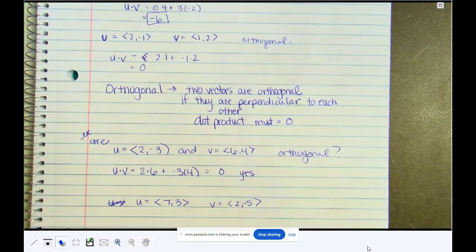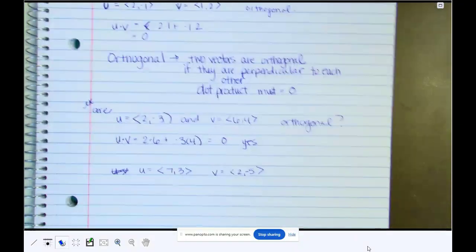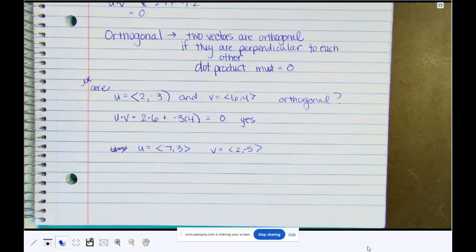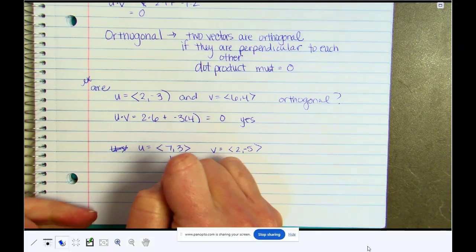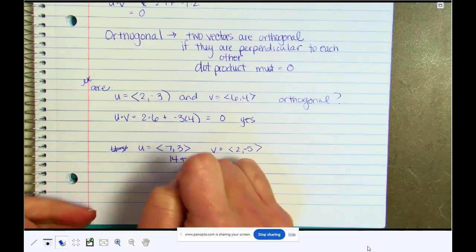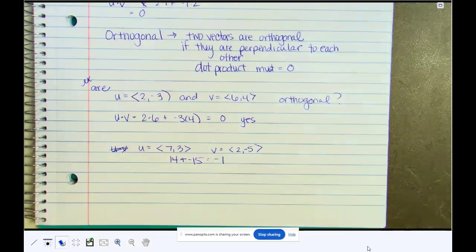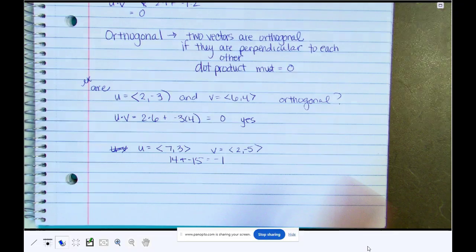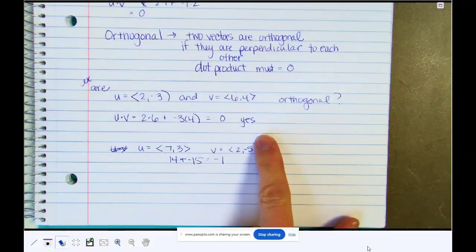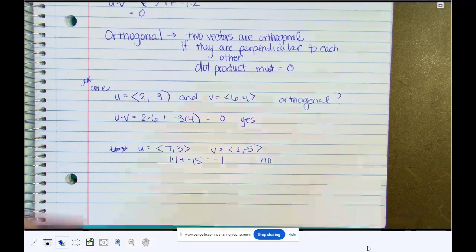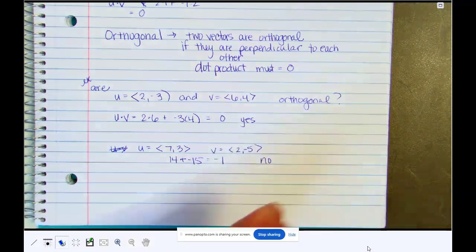No. Still no. Because what's the dot product value? -1. So it's 14 plus -15, so it's -1. So not. I told you it was no. So again, the only thing you have to remember is that if the dot product is 0, it means they are orthogonal, which just means that the two things are perpendicular.